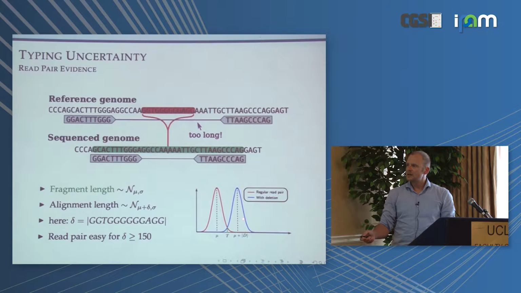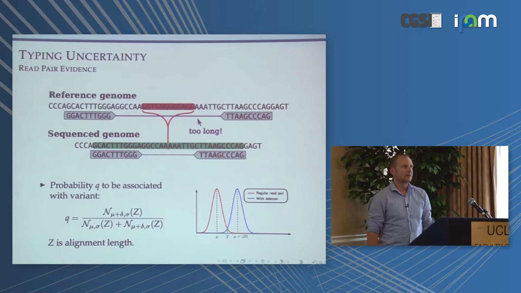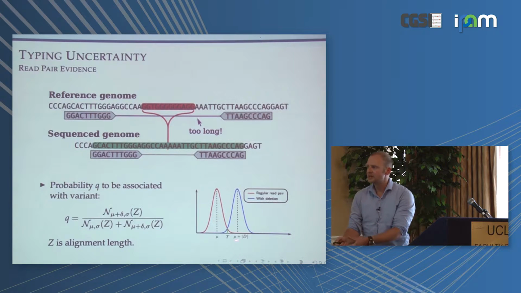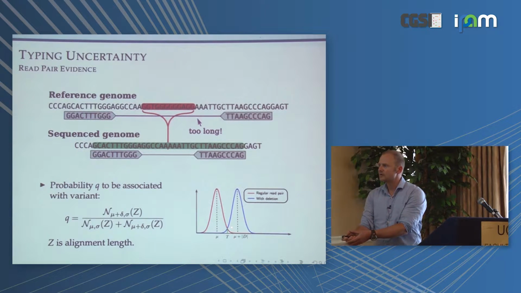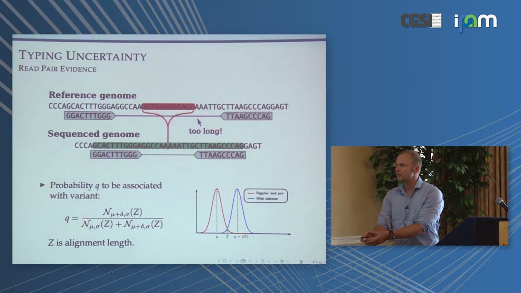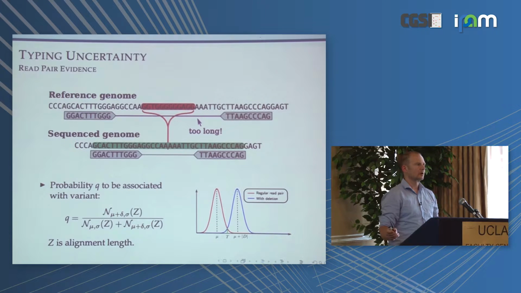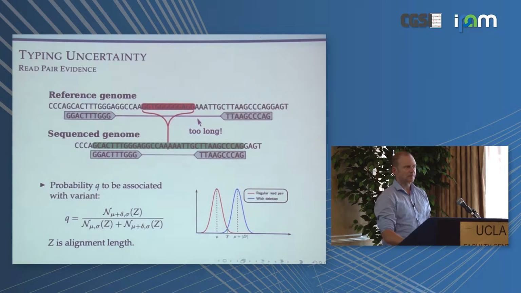Then you put it here, and you compute a Bayesian type probability again, by comparing these two values. This is the value for the blue distribution, and this is the normalization by summing up the two values for the two distributions. For example, if you put it here, then this value is this, and the red value, this one here, is this, and then it is just an ordinary Bayesian type computation. Nothing really special.